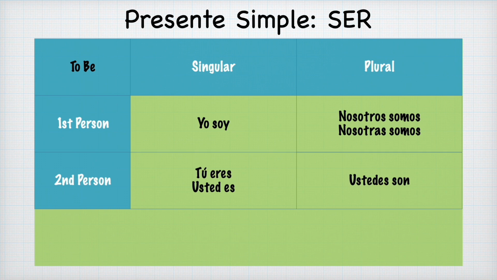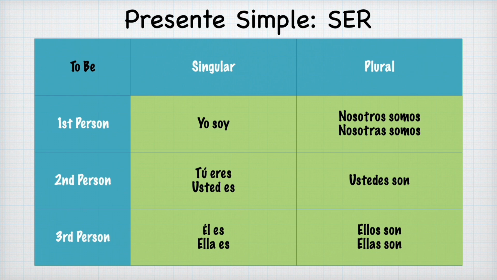In plural, we have ustedes son, and it means you all are. In third person singular, we have él es for he is, and we have ella es for she is.